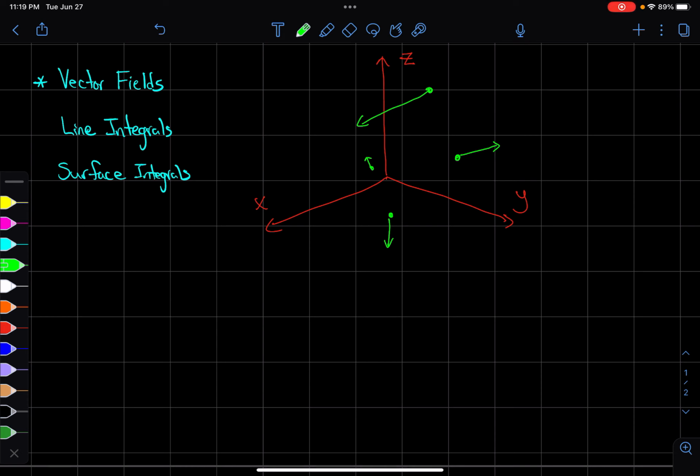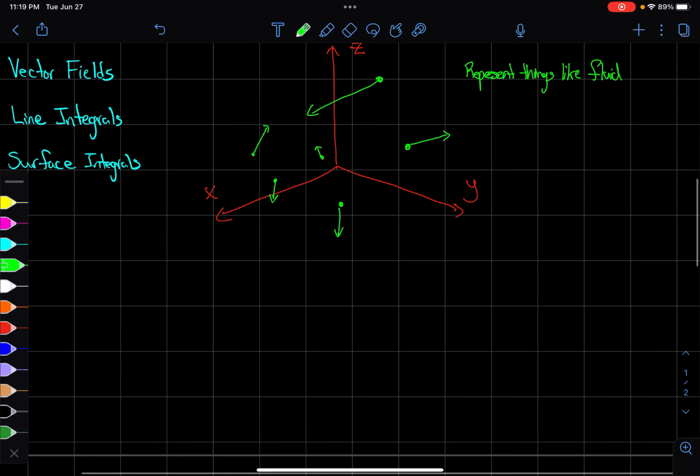A vector field, we will talk about later. It looks like a function, but it basically describes a scenario or a space where there are a whole bunch of vectors at every single point in the space. And they usually represent things like fluid flow.